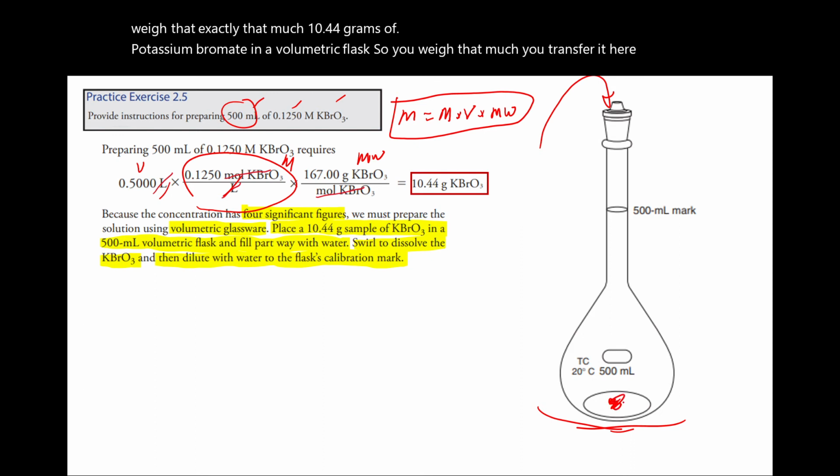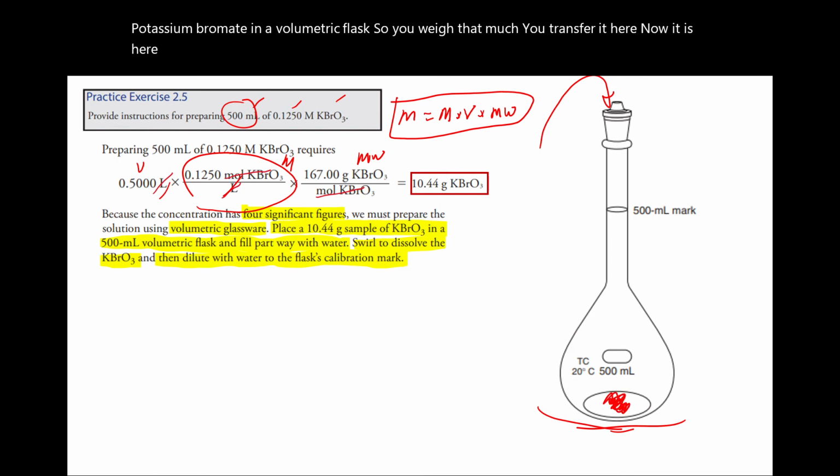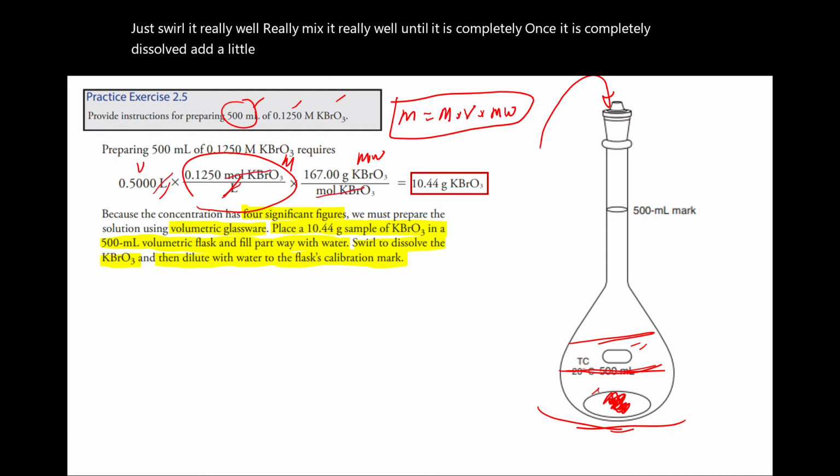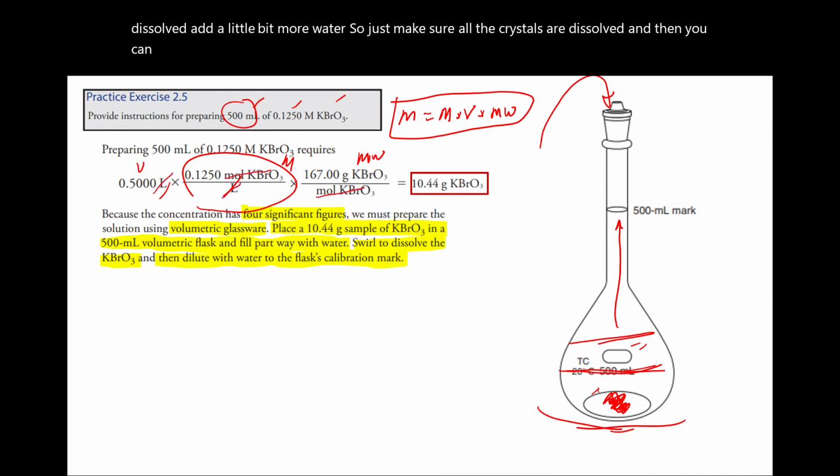Now it is here. That's 10.44 grams. And then you add water, about this much water. Dissolve it completely, just swirl it really well, mix it really well, and once it is completely dissolved, add a little bit more water, so just make sure all the crystals are dissolved, and then you can add water to the mark. So that's how you make this solution.